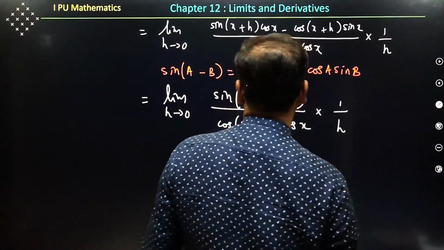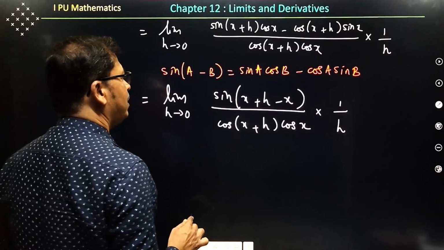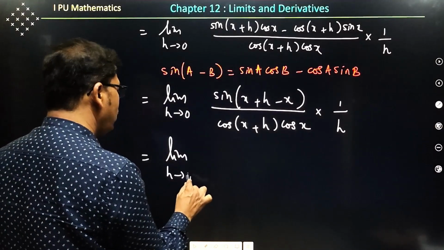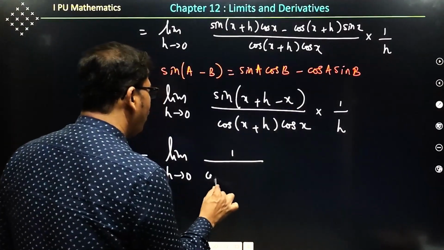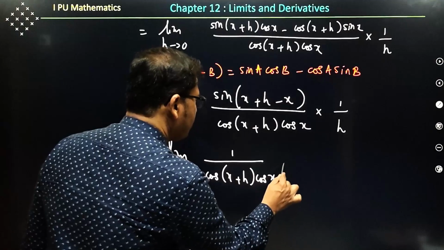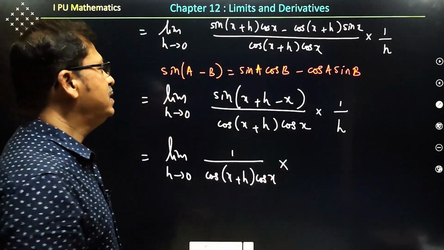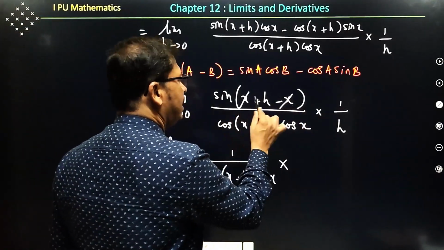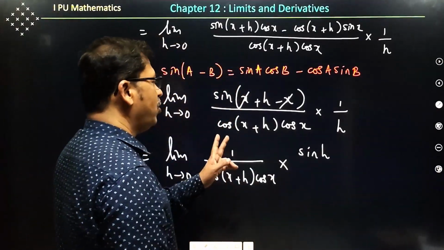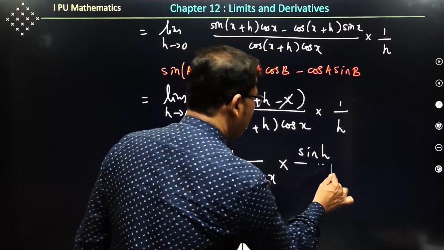Now observe here, this is equal to limit h tends to 0, 1 over cos of x plus h into cos x. See, this x cancels, sin h remains, take it here, sin h, whole divided by h.